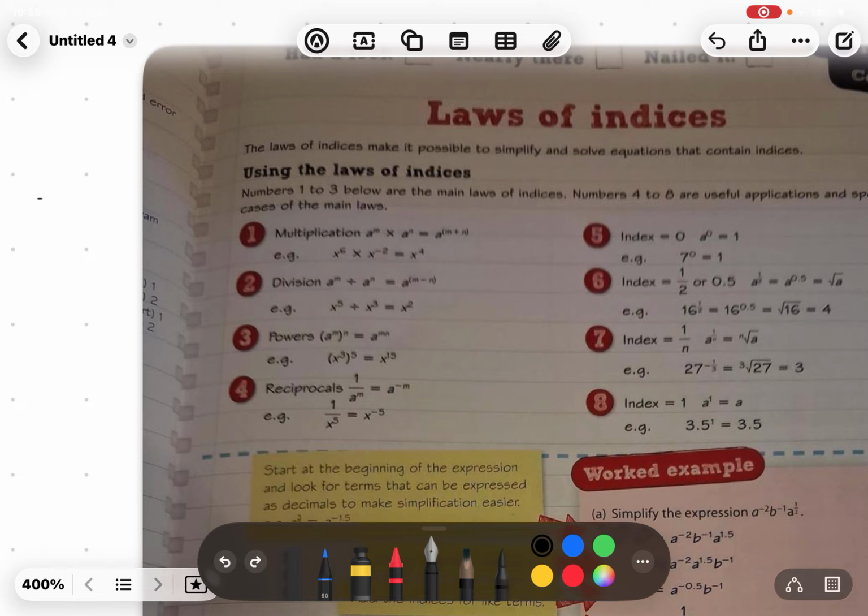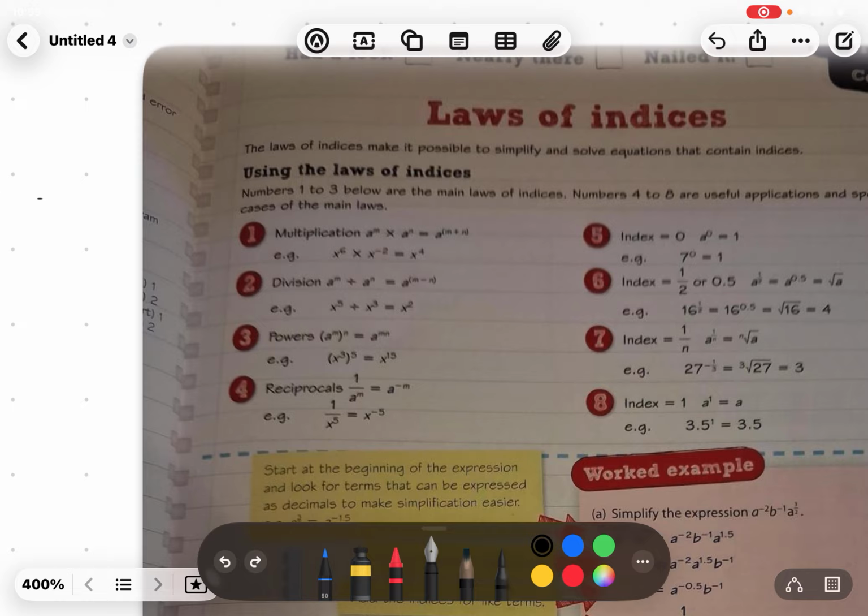Now the division law. The division law basically says that when it's division and the numbers are the same, the laws only work if the big number is the same.